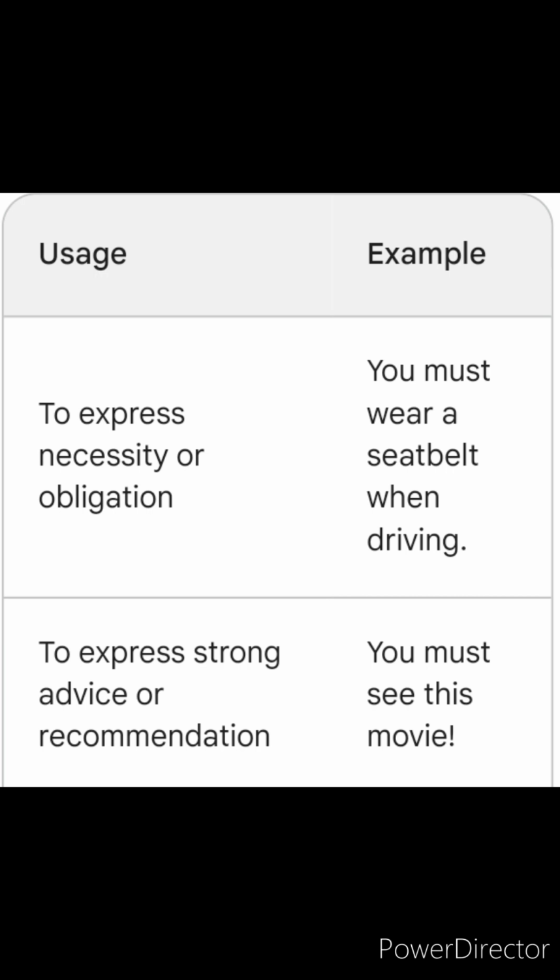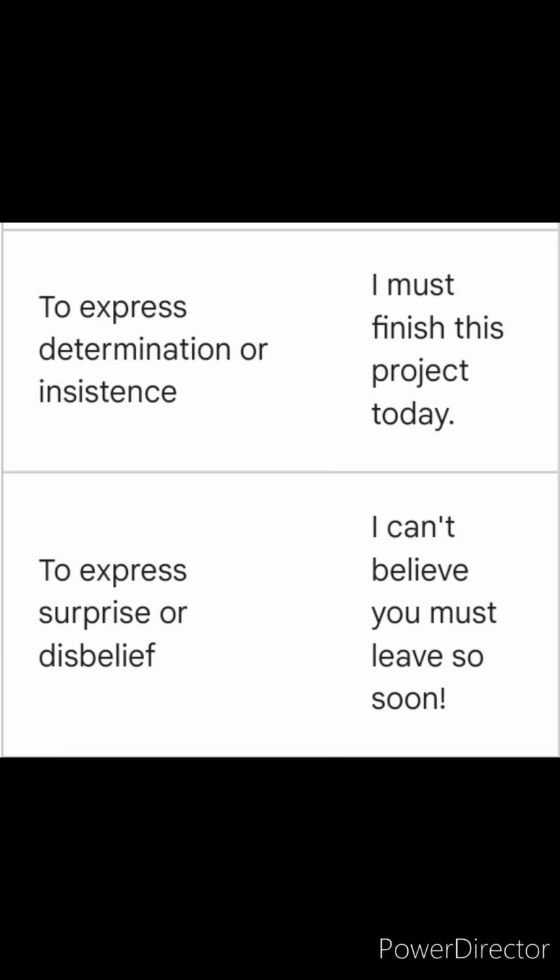Use and examples of must. To express necessity or obligation: You must wear a seat belt when driving. To express strong advice or recommendation: You must see this movie. To express determination or insistence: I must finish this project today.